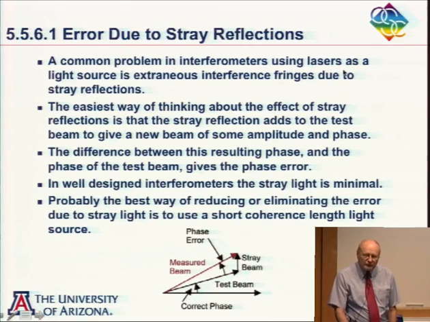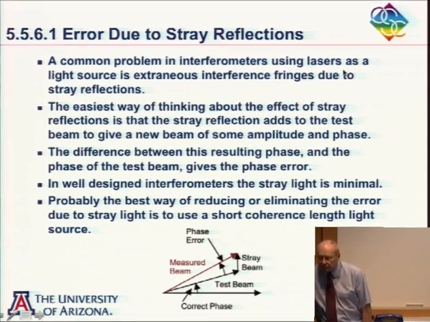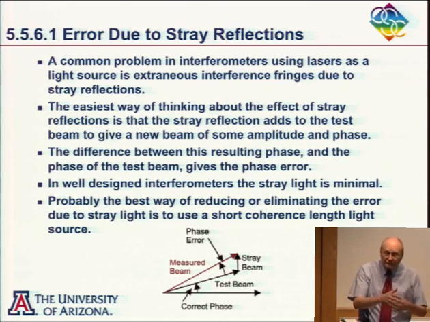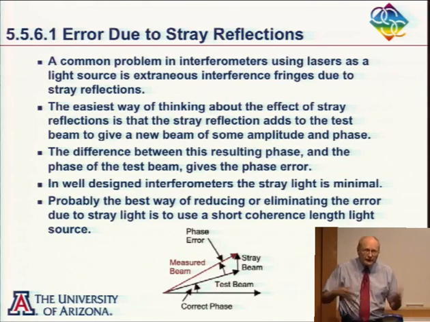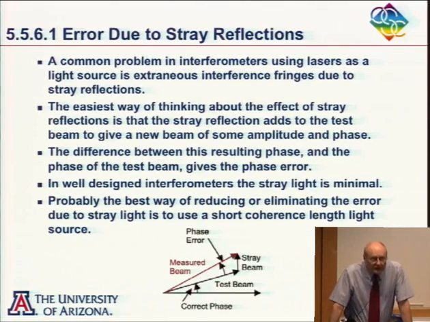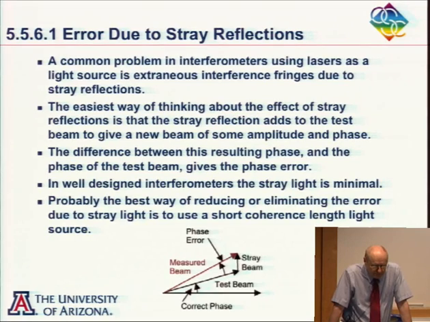When you use a laser, you have a long coherence length. And so all these stray reflections are probably coherent with respect to one another, and they give you interference fringes. And if you look in the literature, you can find quite a number of papers on stray reflections. They really can be a problem.